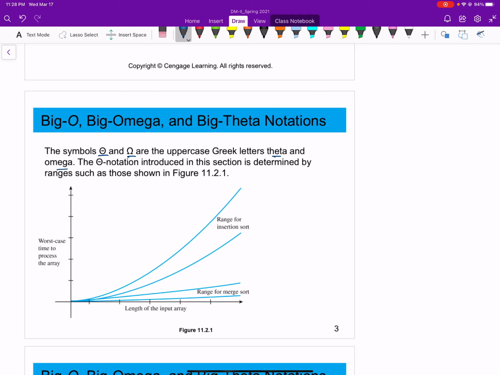The theta notation introduced in this section is determined by ranges such as those shown in figure 11.2.1. So let me mark these ranges, and this is the first range that we're going to discuss today. And then this is the second range.